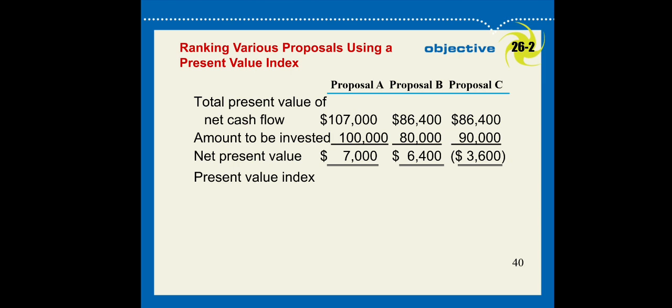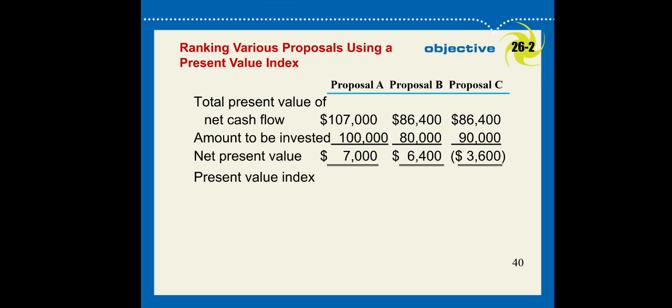To do that, using the net present value method, you have to list the total present value of net cash flow. For example, proposal A, the present value of net cash flow is 107,000.